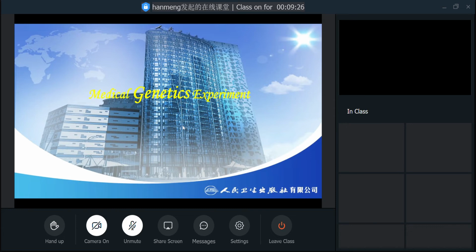The heterochromatin can be dyed with some DNA dye, for example, the giemsa or the DAPI, or some other nuclear staining solution.